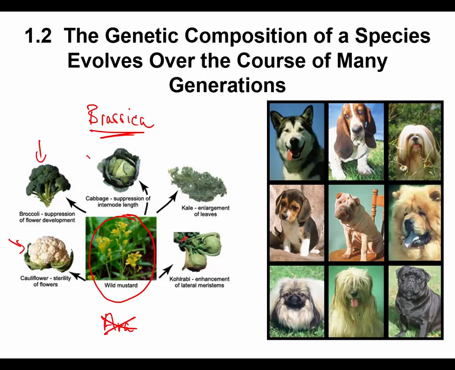we eat. These foods are just different parts of the plant that have been exaggerated. Like kohlrabi is an exaggerated lateral meristem. Kale is just an exaggerated leaf of Brassica. Cabbage is a really short internodal length. Broccoli is a suppression of the floral development.